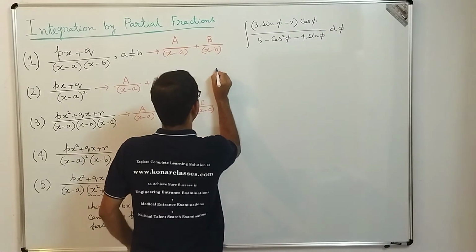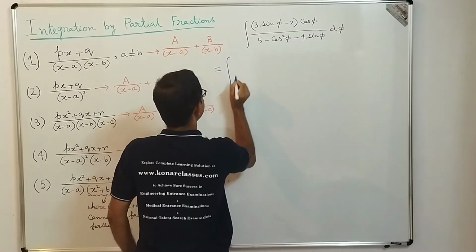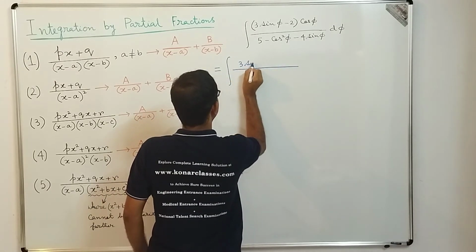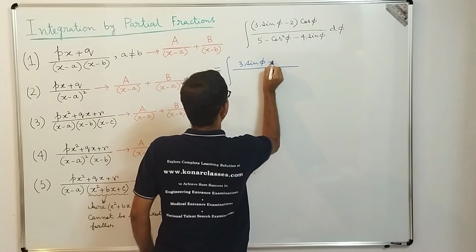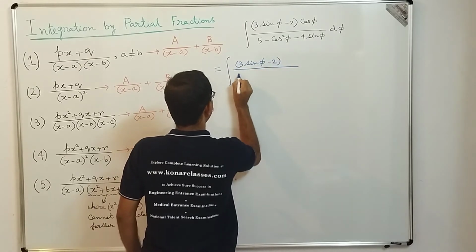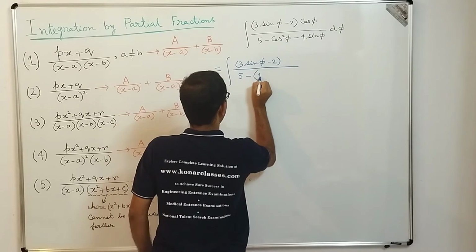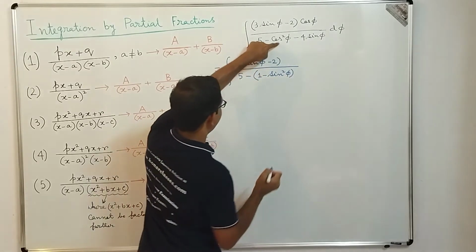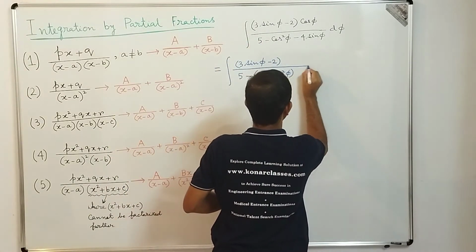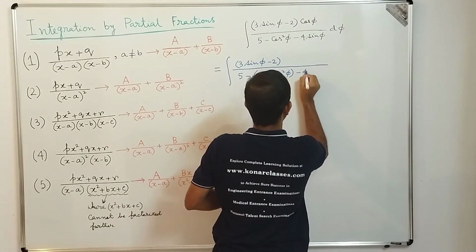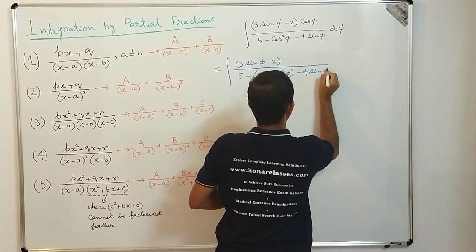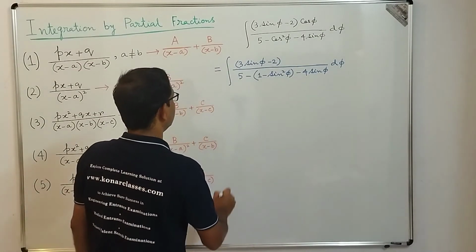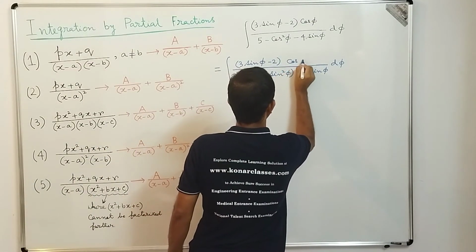So how to proceed here, dear students? So this is equal to integration of 3 sin phi minus 2 divided by 5 minus (1 minus sin square phi), that is cos square phi is equal to 1 minus sin square phi, minus 4 into sin phi d phi. Here I need to write cos phi.